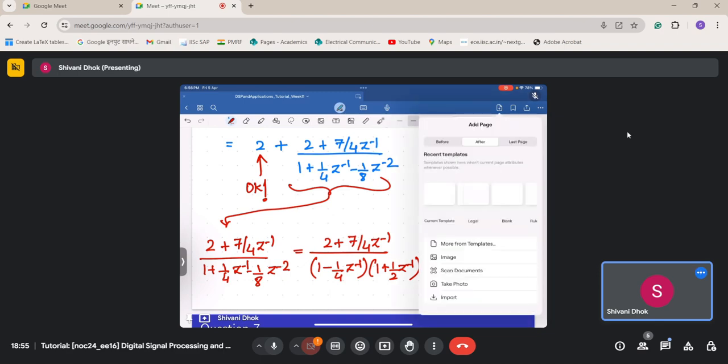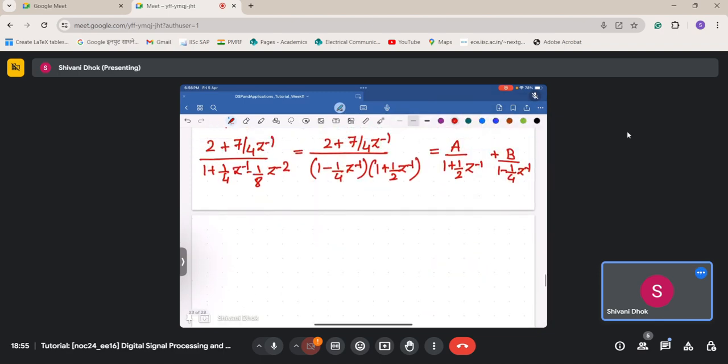Now I can write this as 2 plus 7 by 4 z inverse is equal to A into 1 minus 1 by 4 z inverse plus B into 1 plus 1 by 2 z inverse. Now let us substitute z inverse as 4.